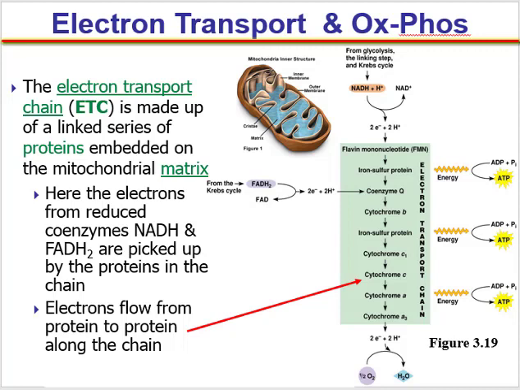Remember Leo the lion goes grr? I gave you that acronym in a previous lecture set. Well, if an electron is lost, then the protein becomes oxidized. So loss of an electron, Leo, that's oxidized. If an electron is donated or lost, then the neighboring protein gains the electron, therefore grr.